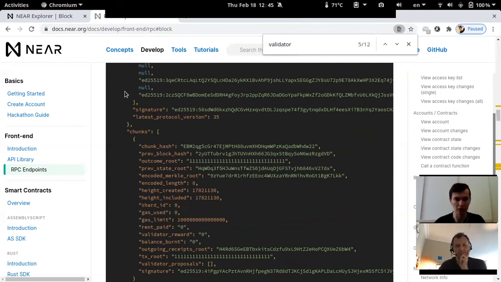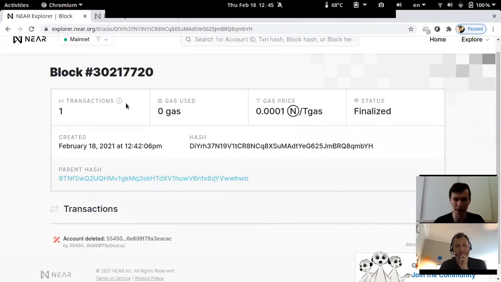Maybe shards and chunks could be exposed, but we decided to essentially hide the fact that we have shards in the system. What we believe is that people mostly care about blocks.